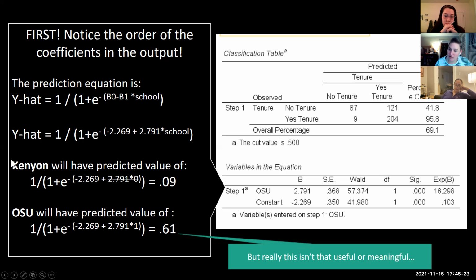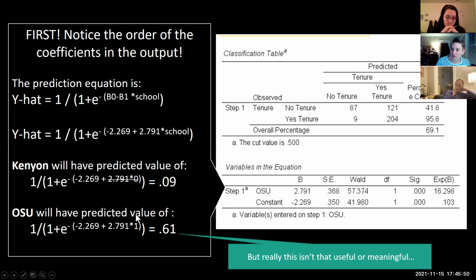So here, for Kenyon College, this variable of Ohio State would be 0. So then I plug in a 0 for my x value. This cancels out. And this solves to 0.09. 0.09 is less than our cut point of 0.5. That's a 0. So we're going to guess that all of those folks do not have tenure.